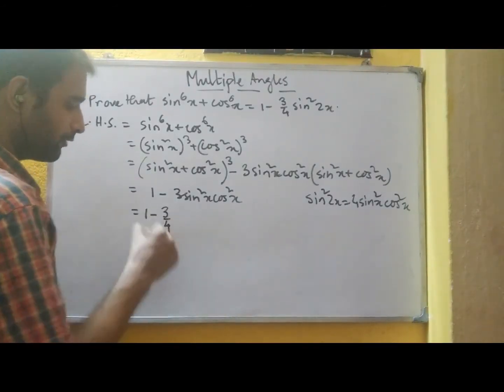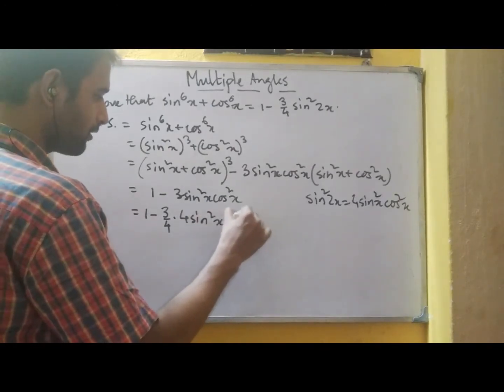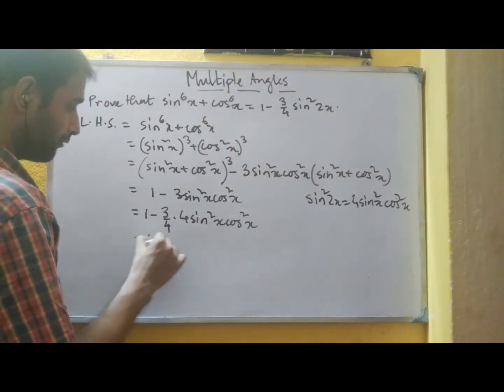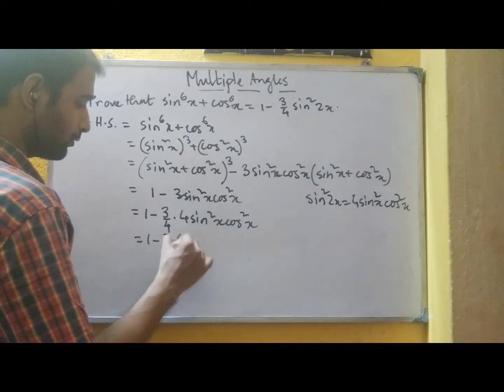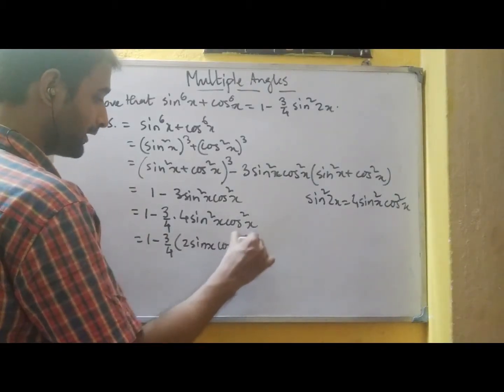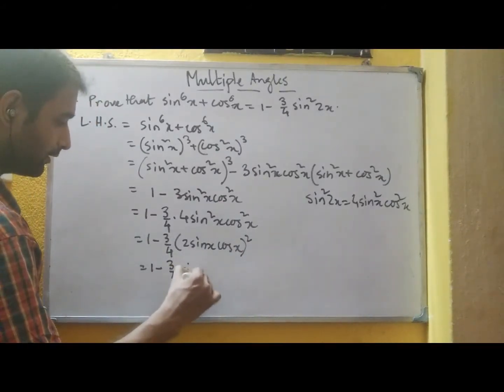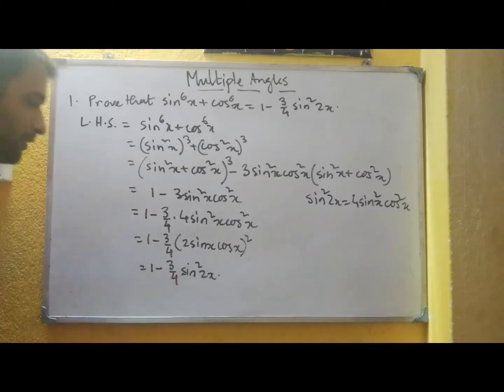We are dividing by 4 and multiplying by 4. So then we can write 1 minus 3 by 4 into 2 sin x cos x whole square. That 2 sin x cos x will become sin 2x. The final expression is sin square 2x. So this is the way we solve the problem.